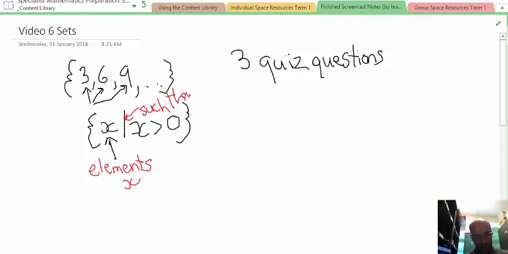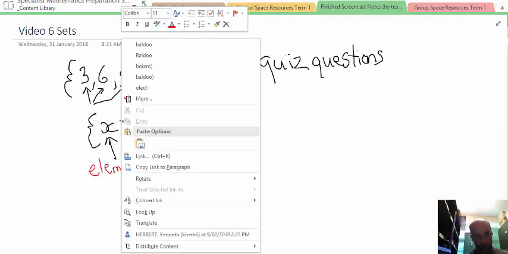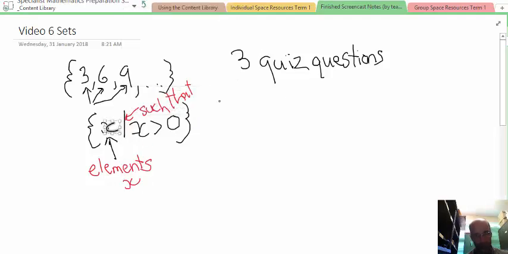Sometimes that stroke is replaced by a colon, so instead of that vertical stroke, you could have a colon there, which you can see there in red. So it's elements X such that X is greater than 0. What that basically means is all values greater than 0. So if we're talking about numbers, numbers greater than 0.